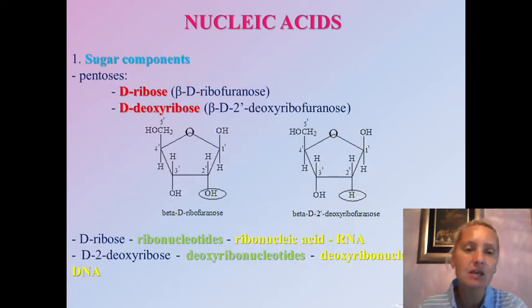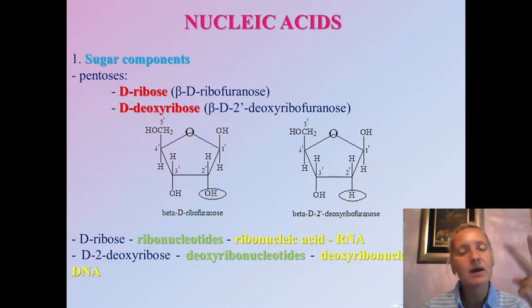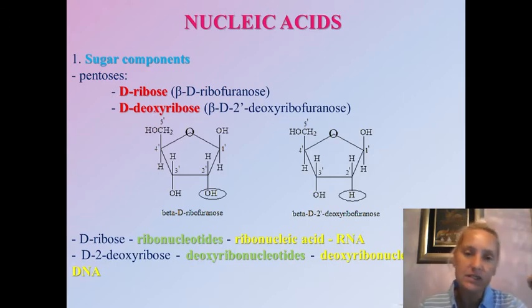So the second component is the sugar component, and 2 pentoses are involved in the structure: D-ribose, specifically beta-D-ribofuranose, with the beta OH group above the ring of the pentose, and D-deoxyribose, which is beta-D-2'-deoxyribofuranose, the full name.